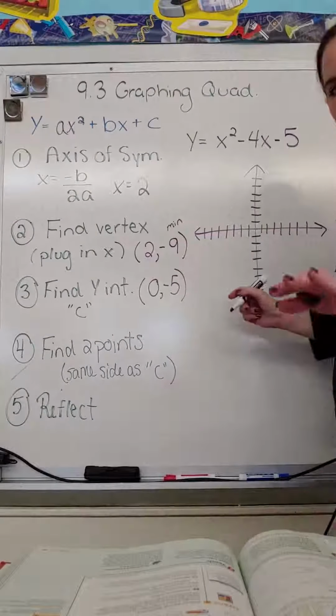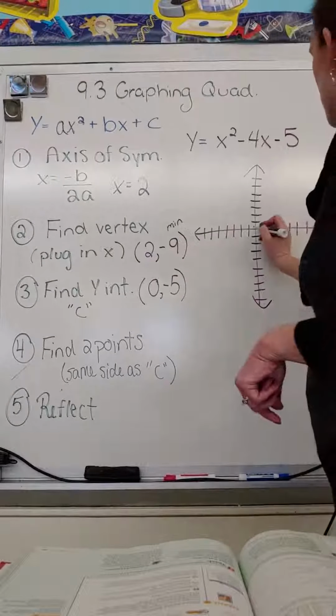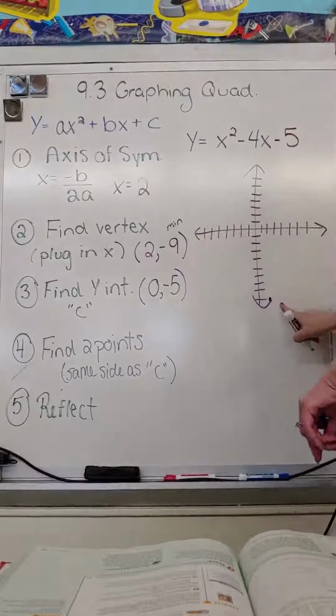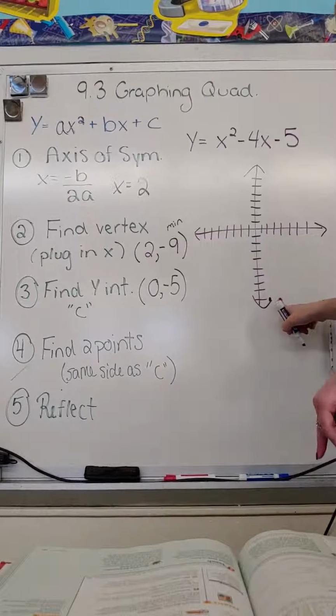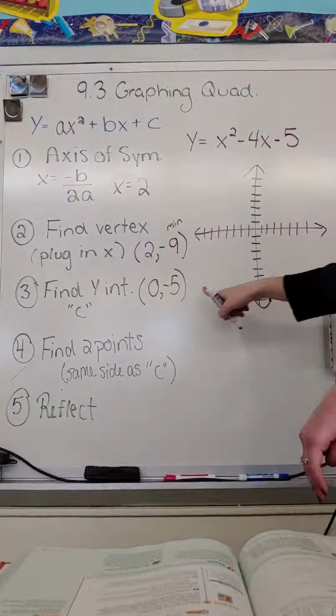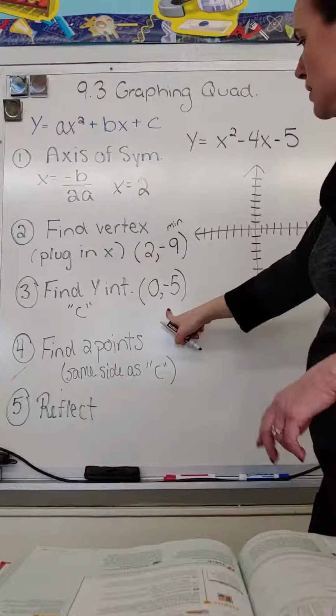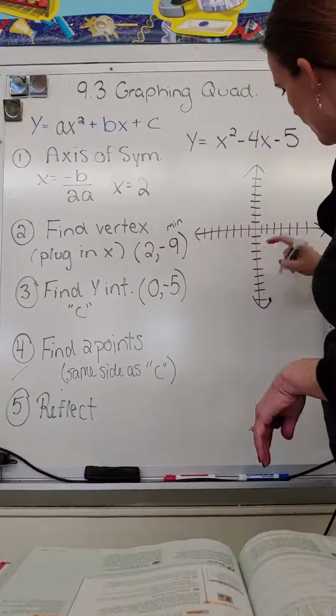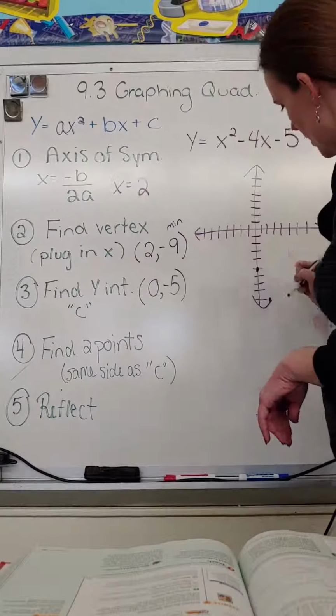Luckily, I also knew that was my lowest point. So I'm going to negative 9, and that is going to be my minimum point. And then I am plotting my y-intercept as well, which is 0, negative 5. So right about here in my lovely picture.